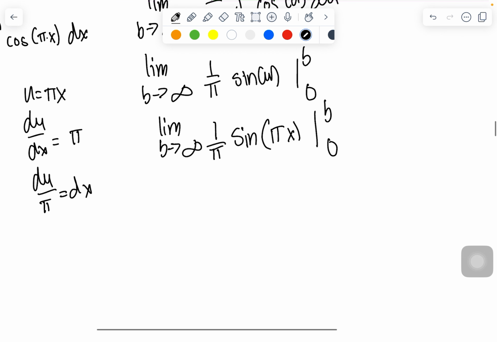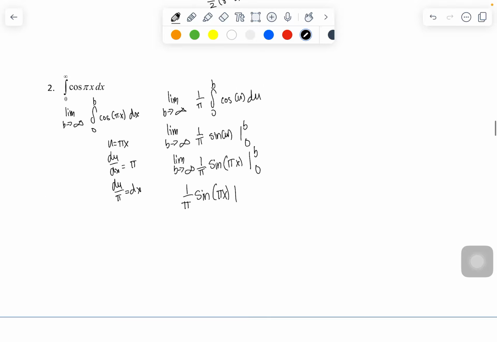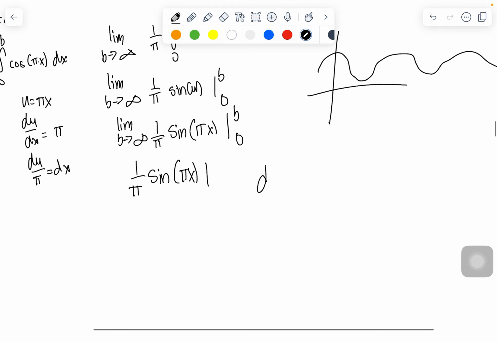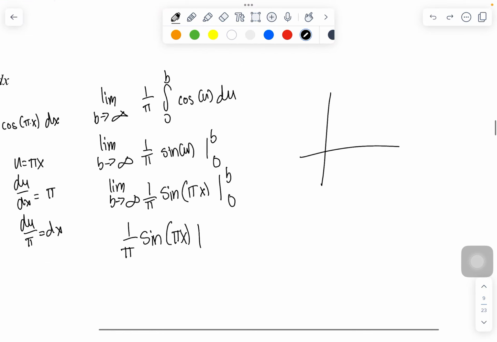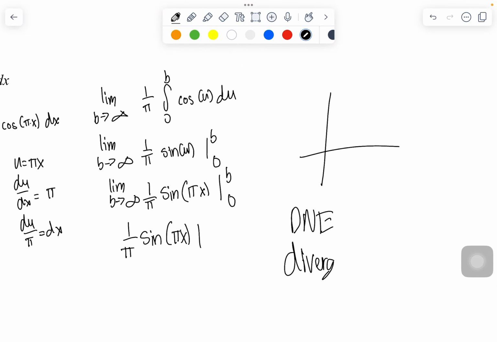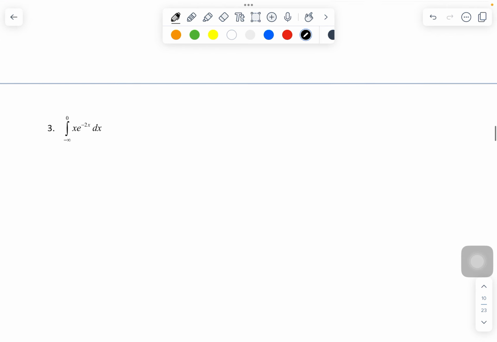So, as you can see here, if we do plug in this value, infinity, this function will oscillate because sine oscillates towards infinity. So what we can say is this function does not exist or diverges. And this function up here would converge since it goes to a finite value or does exist.